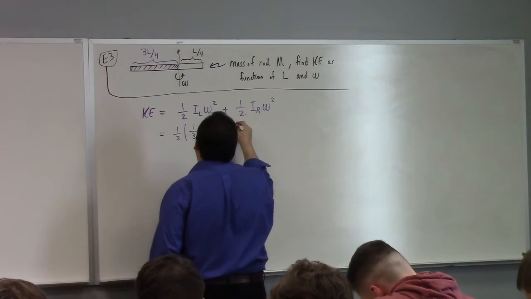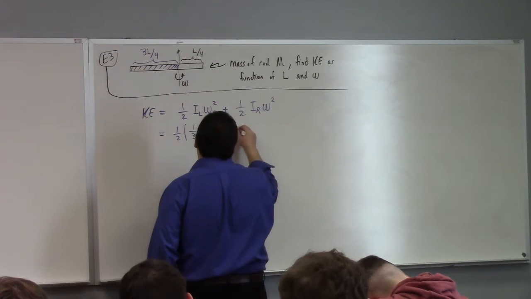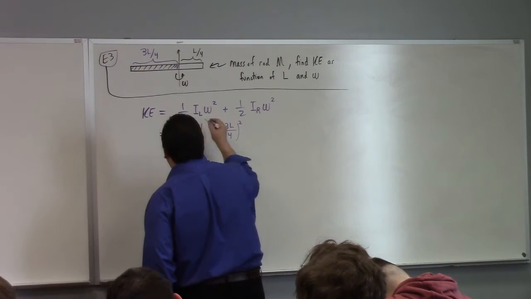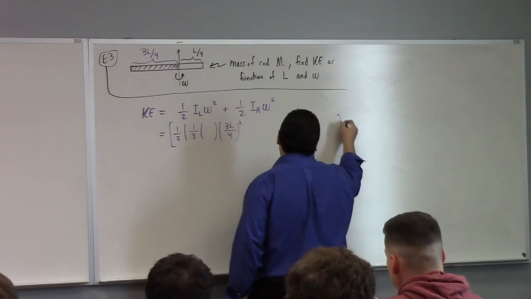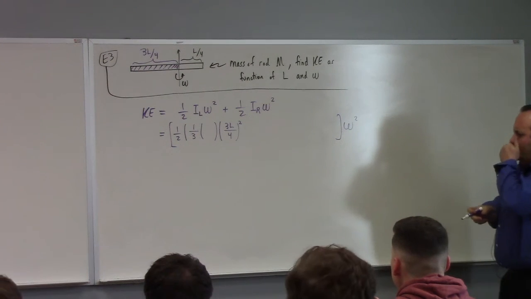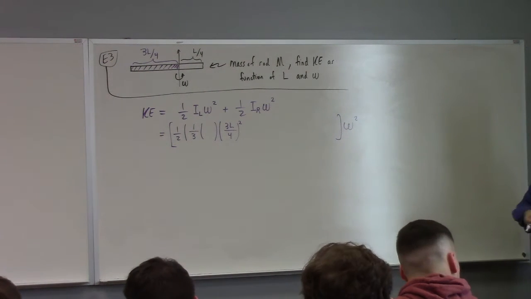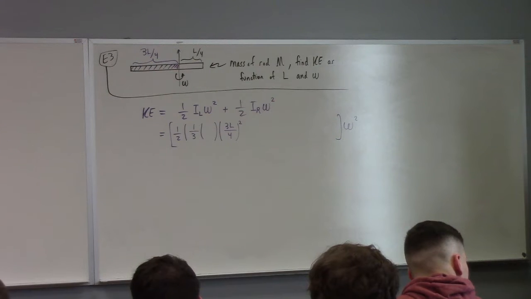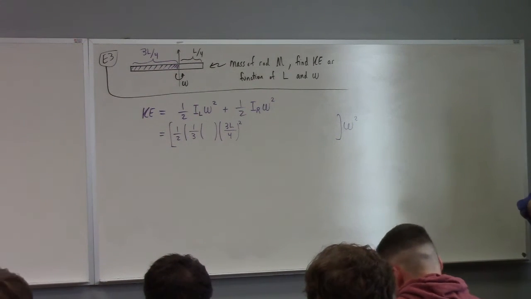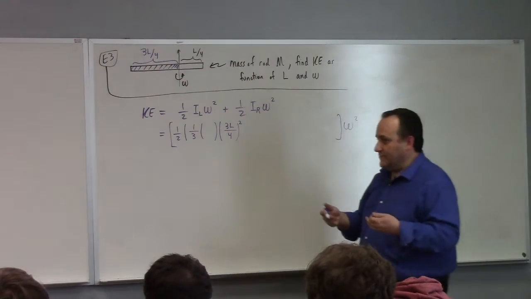So 3L over 4 squared. I'm going to put the omega squared way out here, okay? What's the mass of the left part of the rod? It's not all of m, right? How much m is there? 3m over 4, right?